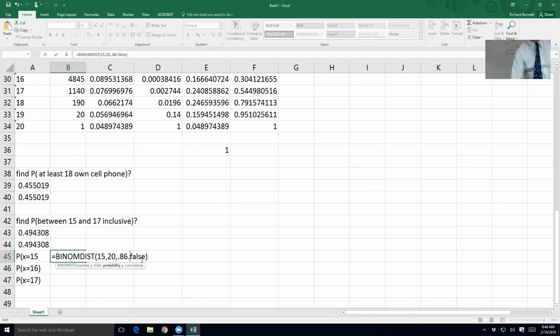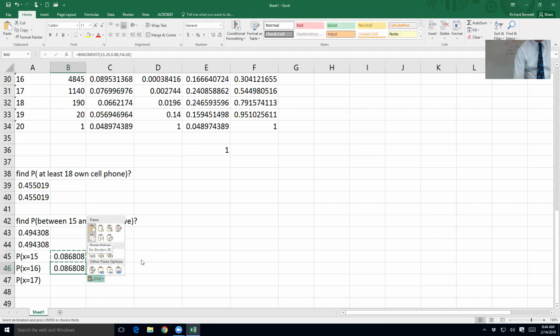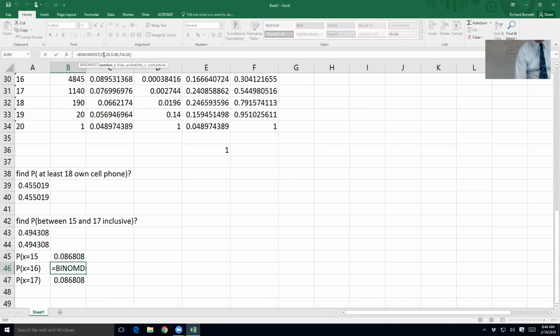Oh, I need a comma there, not a period. I'm going to copy that here and here, and I'm going to change that 15 to a 16 and a 17. And when I add those three up, I should get 0.494.